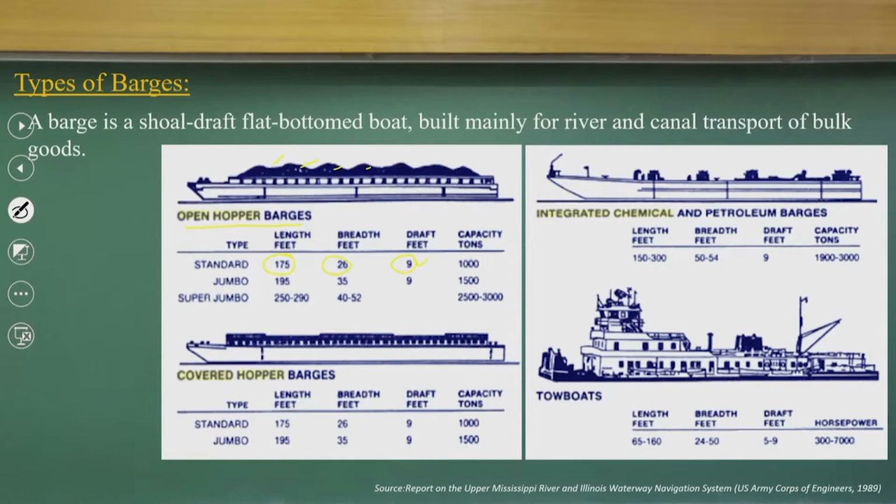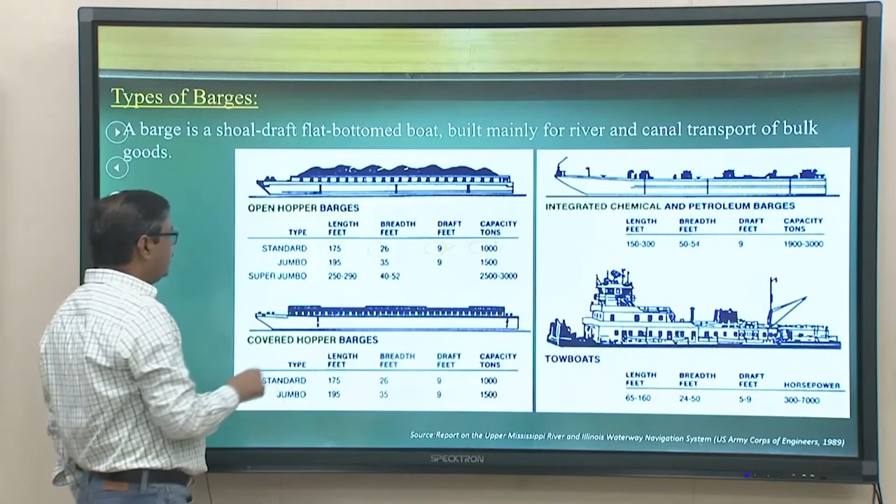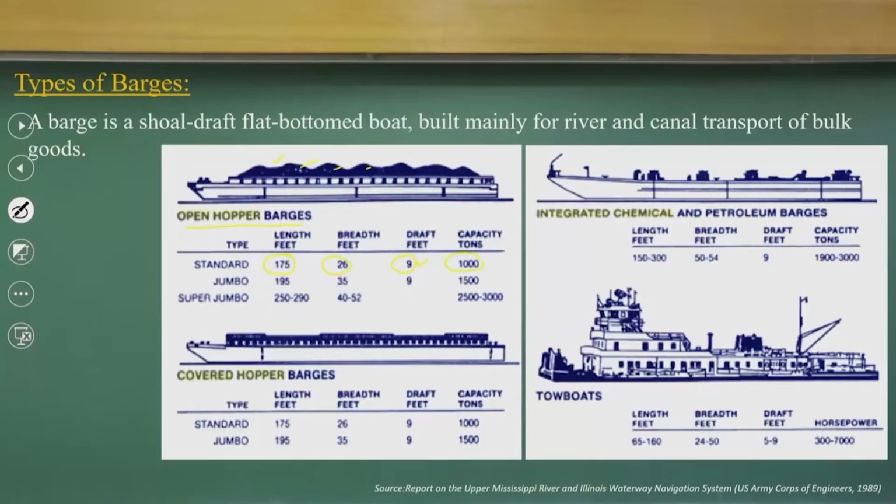So, you can understand it needs a 9 feet depth and the carrying capacity is 1000 tons. Same way there is the super jumbo, which is 250 to 290 feet in length, with a breadth of 40 to 90 feet, and it can carry as much as 3000 tons. Okay.